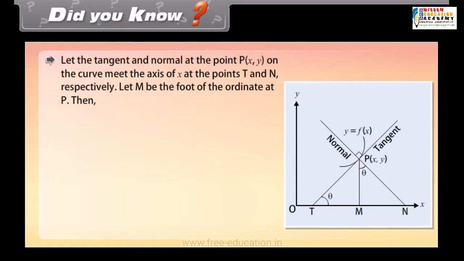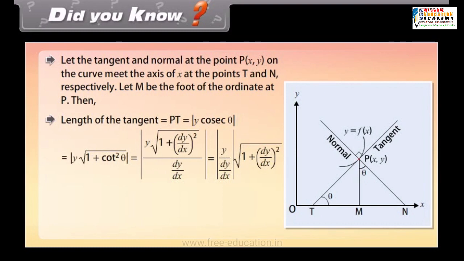Let M be the foot of the ordinate at P. Then, length of the tangent is PT = |y cosec θ| = |y| √(1 + cot² θ) = |y| √(1 + (dy/dx)²) / (dy/dx) = |y / (dy/dx)| √(1 + (dy/dx)²).